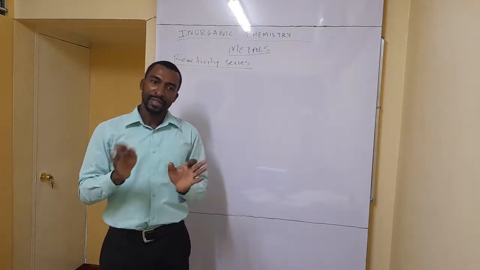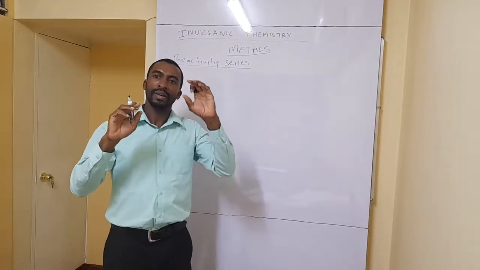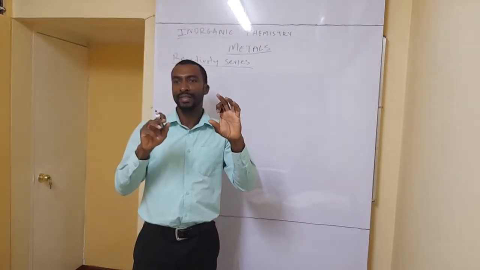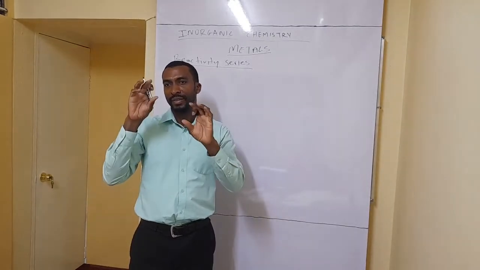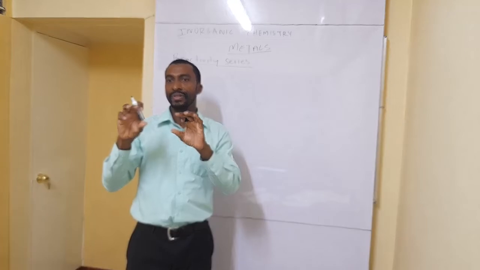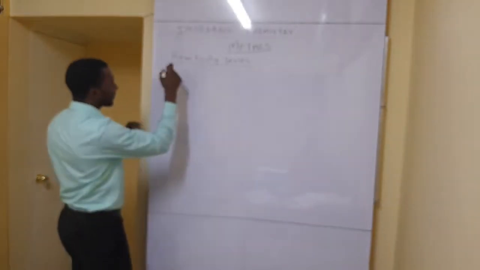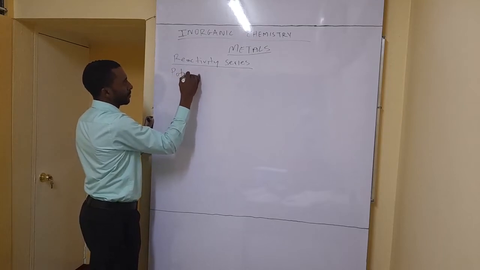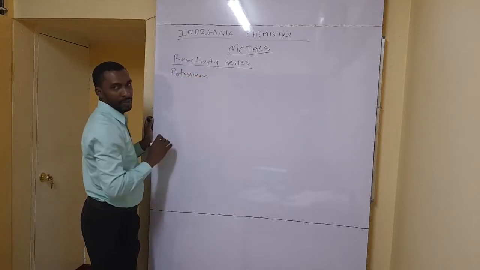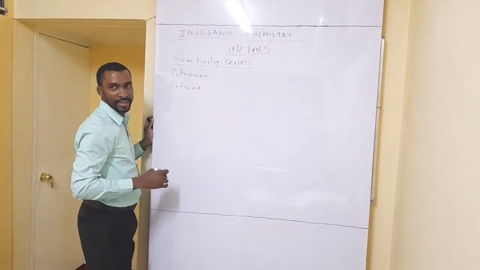However, for CSEC chemistry, we normally look at the first 2 or 3 elements in group 1, the first 2 in group 2, and aluminum from group 3. So we go potassium, most reactive, then sodium, next in line.